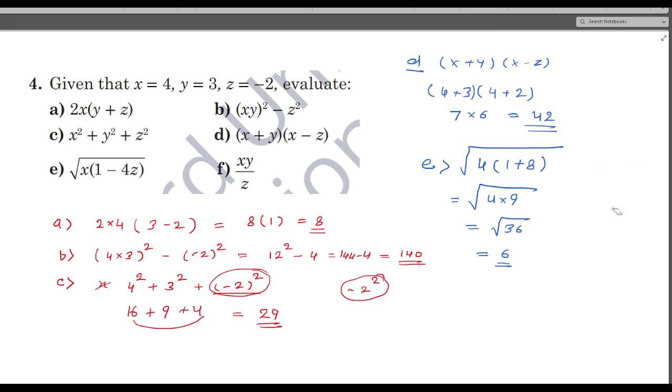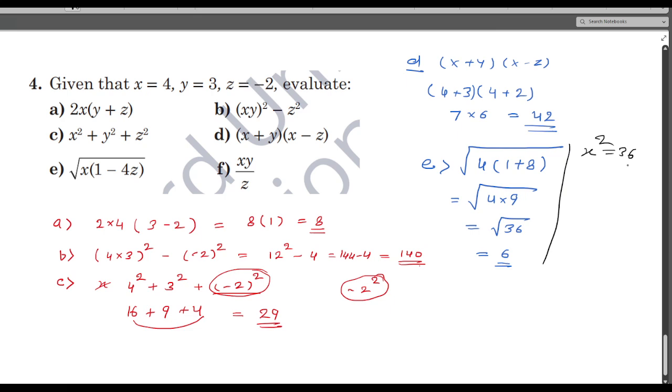Some students say that the square root of 36 is plus 6 or minus 6 because when we square, it becomes 36 only. Whether I am doing the square of minus 6 or plus 6, it is 36 only. But dear students, when x square is given as 36, you say that x is plus 6 or minus 6, isn't it?